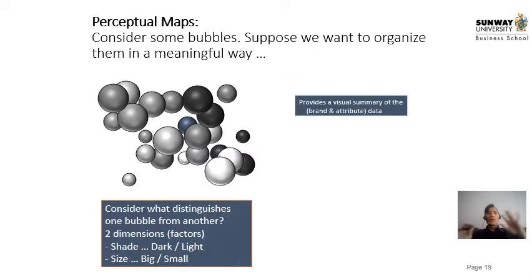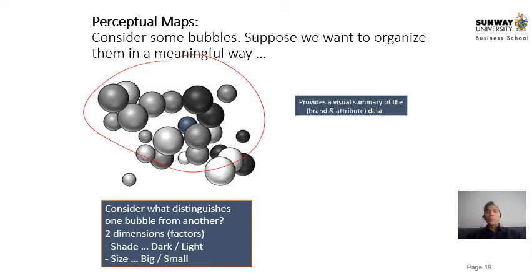So, if we were to put all that into what we call a perceptual map, so consider the bubbles. Suppose that we want to organize them in a very meaningful way. So these bubbles here are very messy. There are probably 2 dimensions. Do we want to rearrange them in terms of their shades, or do we want to rearrange them in terms of their color?